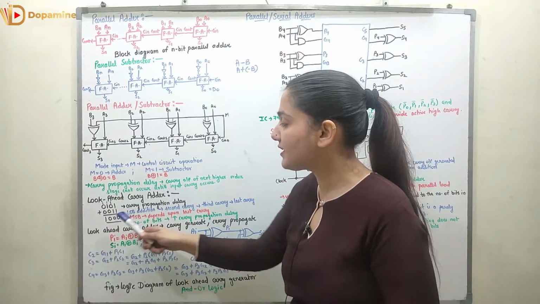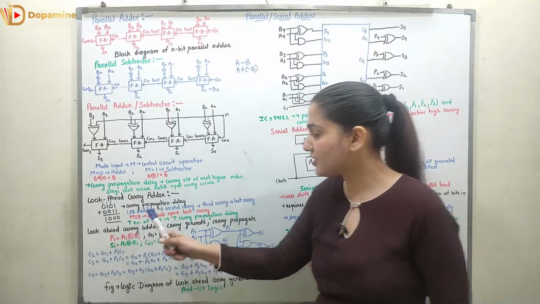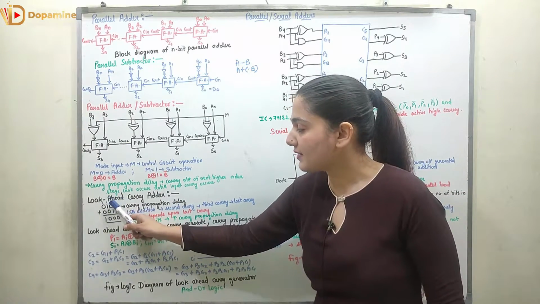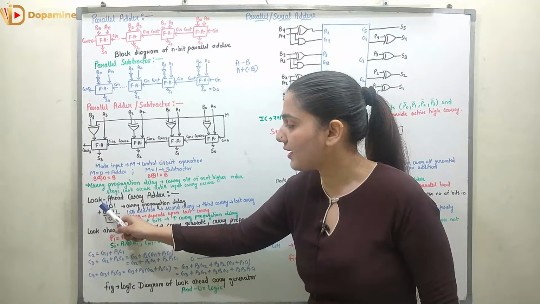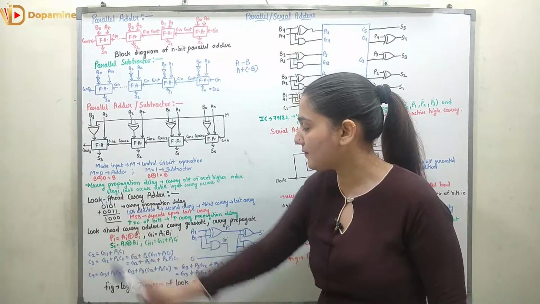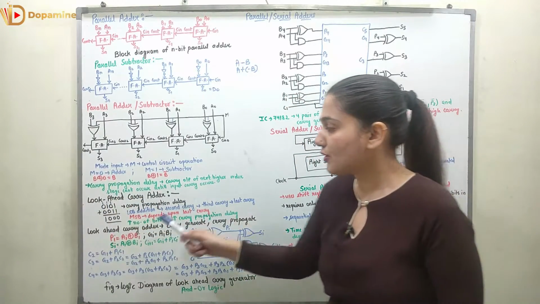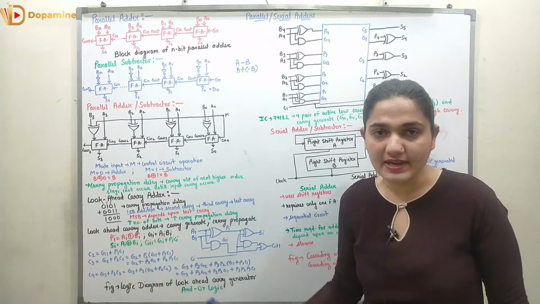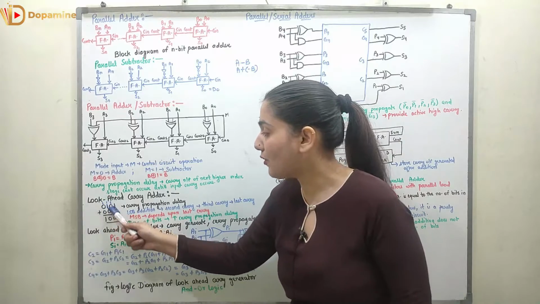The least significant bit must be added, which is generating the carry. So this carry is going to the second carry, and this carry will go to the third carry, and the third order carry will generate the last carry.